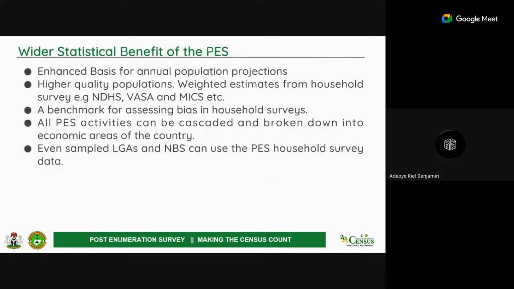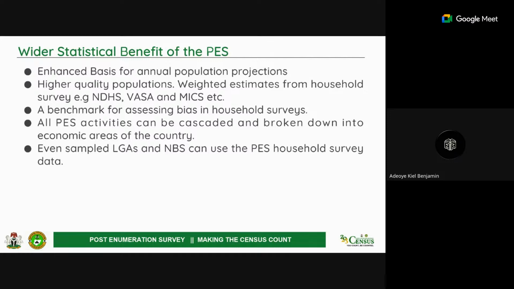So, wider statistical benefits of the PES. You can use it to reduce bias for annual population projections. You can use it to get higher quality population weighted estimates from household surveys.